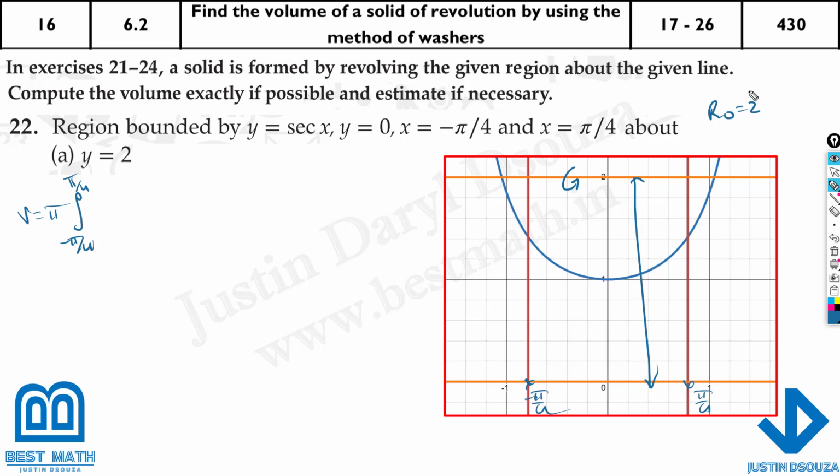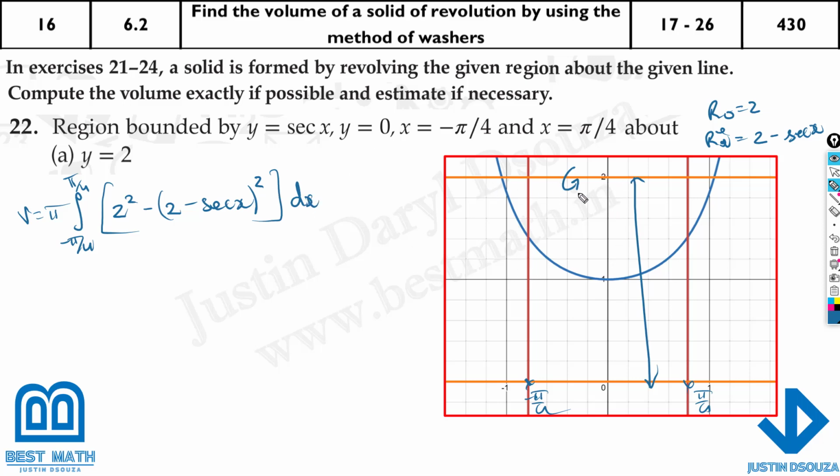What about the inner radius? This is inside, it's cutting in, right? It'll be 2 minus secant x. That's it. So let me write it out. It's going to be 2 squared minus, again, 2 minus secant x, the whole square, that entire thing dx.